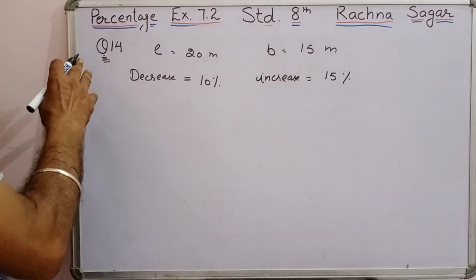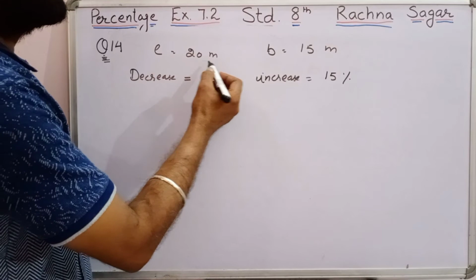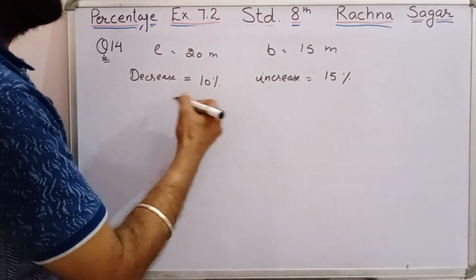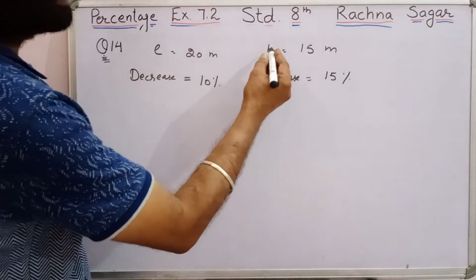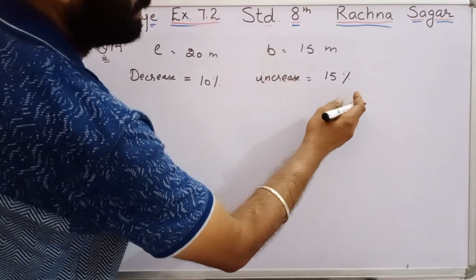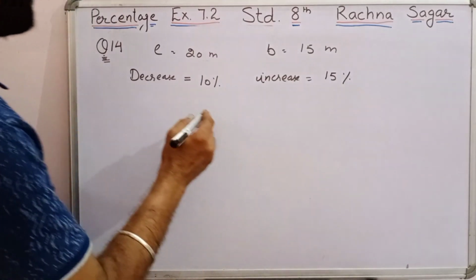Question number 14. A man was allotted a plot of measurement 20 meter by 15 meter. On measuring, it was found the length decreased by 10% and the breadth increased by 15%. Find the percentage increase in area of the plot.